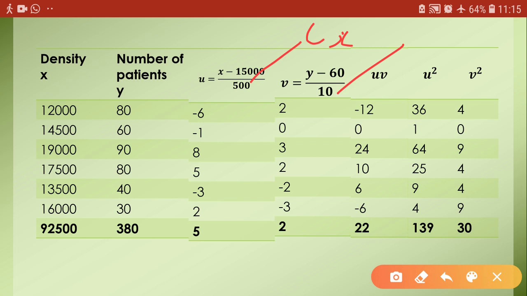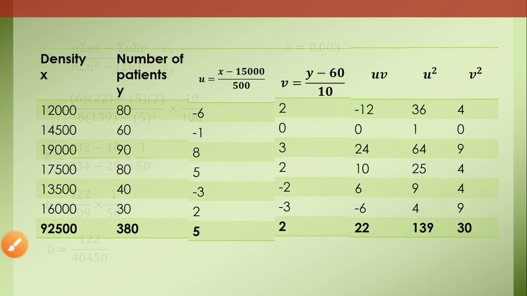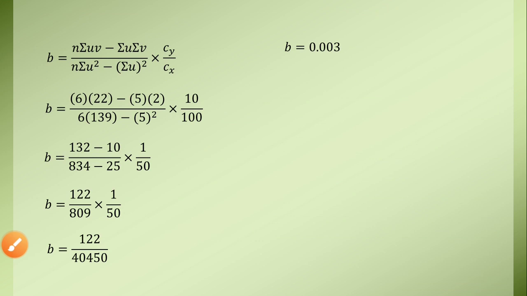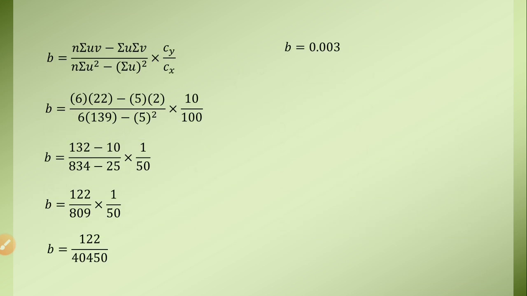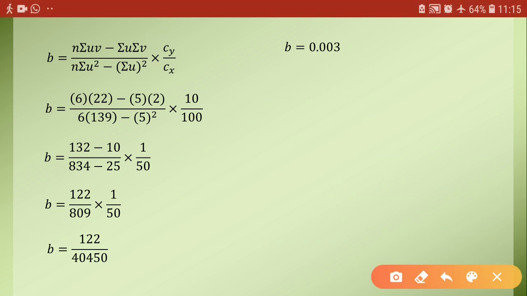I have divided by 10 while forming V, so this 10 should be termed Cy. I told you that Cy is 10 and Cx is 100. It's not 100, there is a typing error. It's 500.